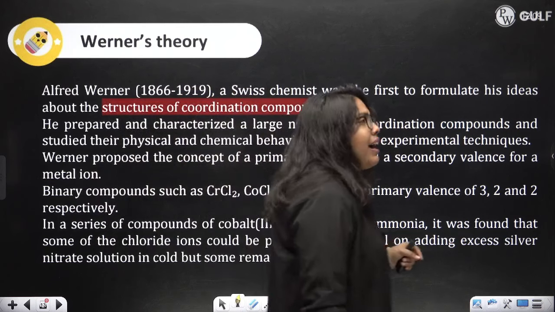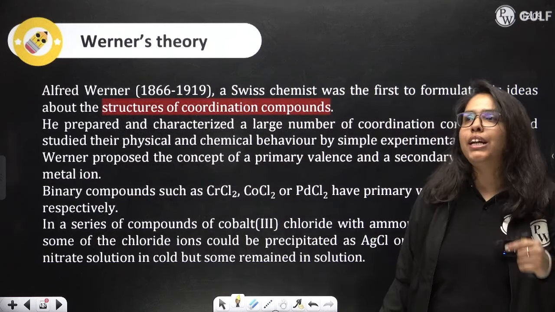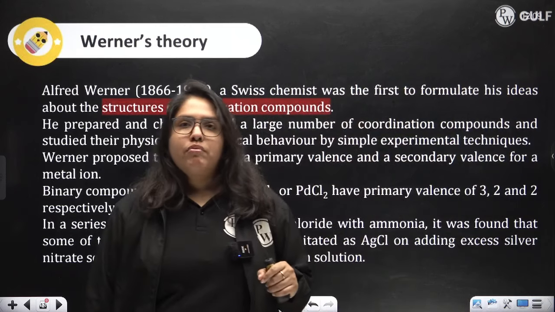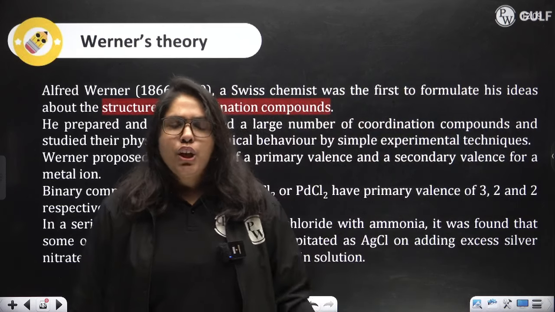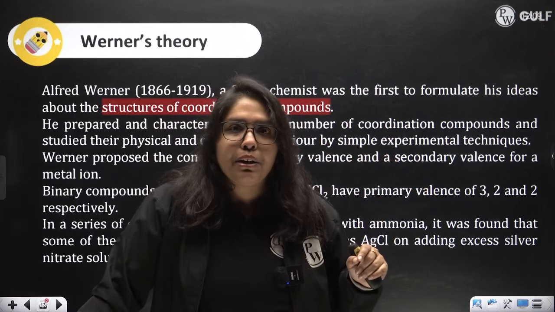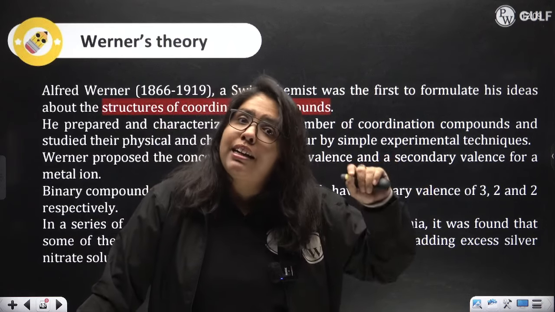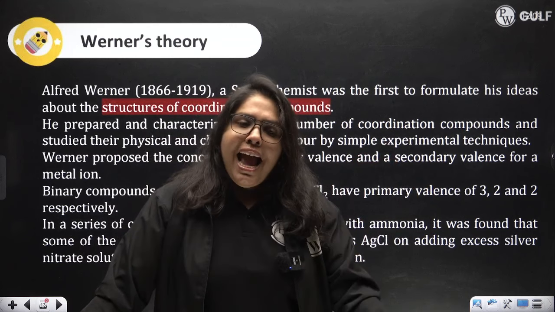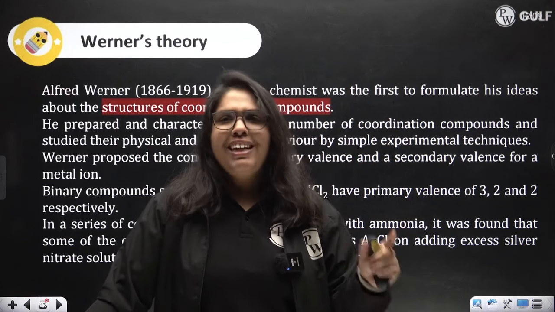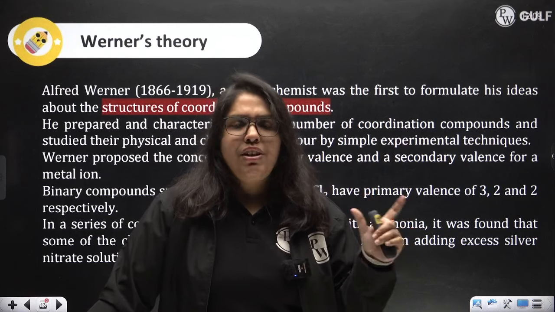Now, before we arrive at what Werner said, we need to understand something that we have just learnt. We learnt that the number of ligands around the central metal atom determines the coordination number, and a metal atom has a definite coordination number in its definite coordination compound.